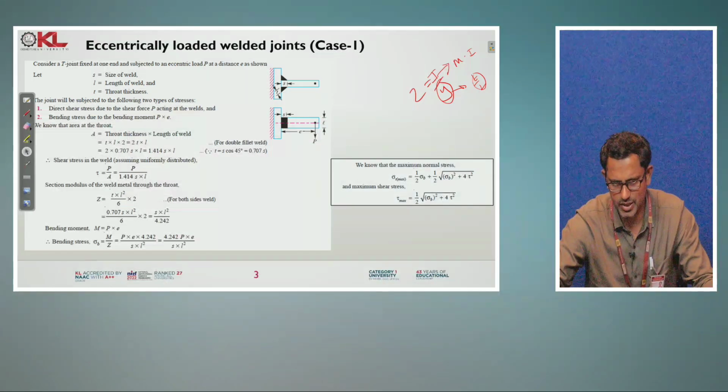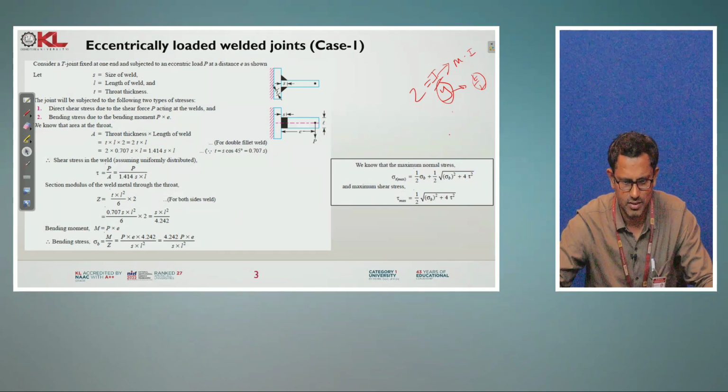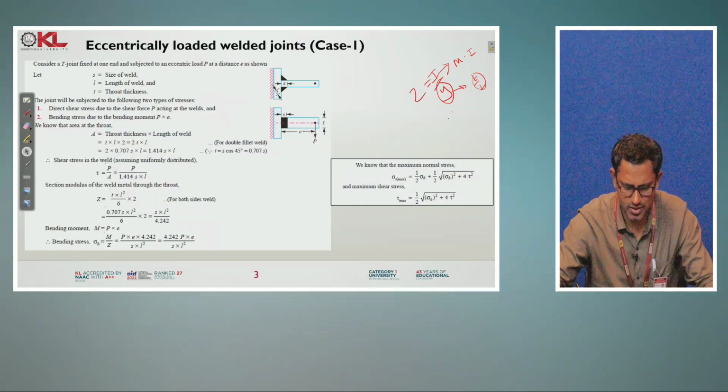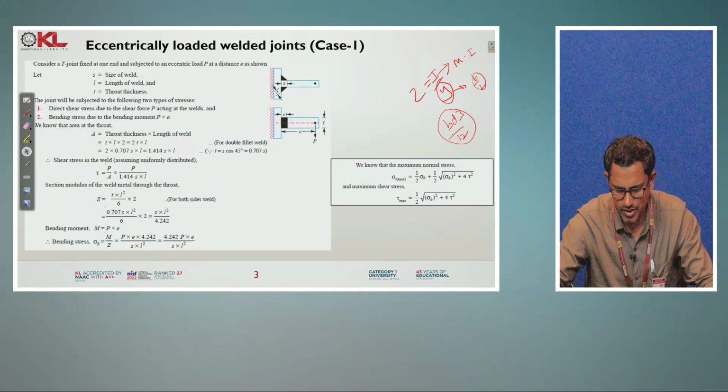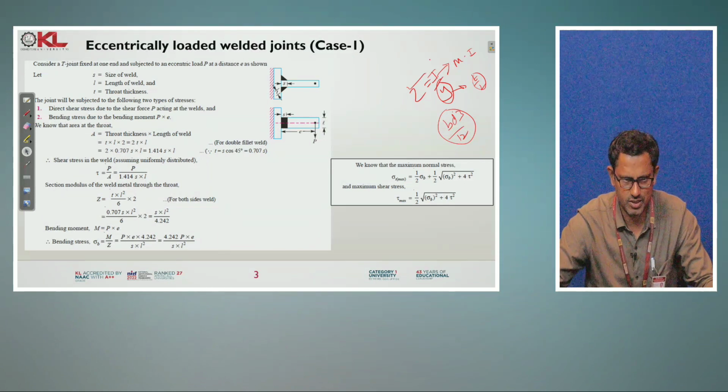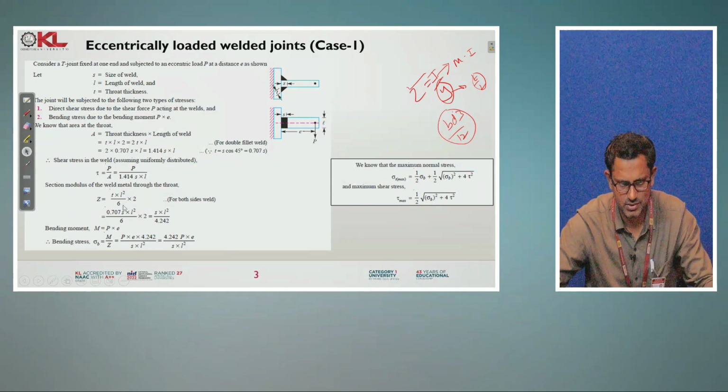For a rectangular cross section you will get I value as b d cube by 12. So by substituting all the values, I value and Y value, you will get the Z value, which is 2 T into L square by 6.